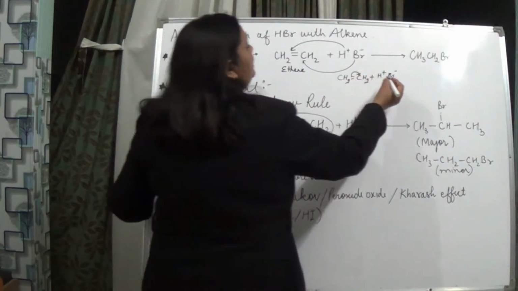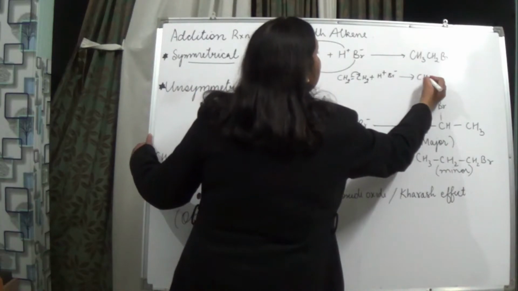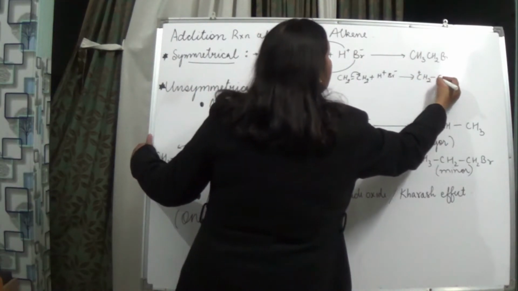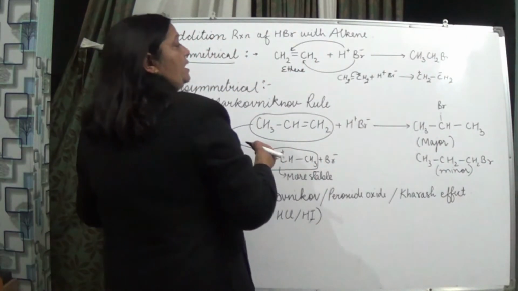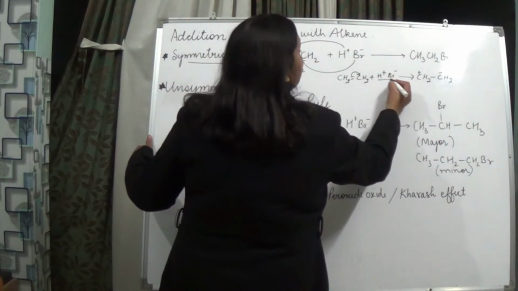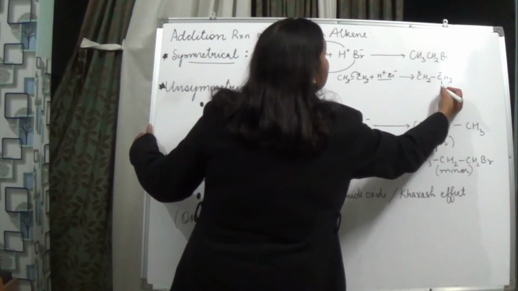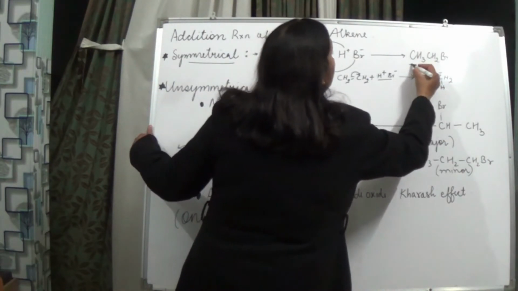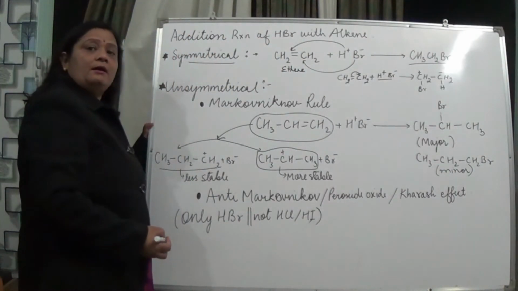Movement of the electrons. One CH2 becomes positively charged and the other CH2 becomes negatively charged. We have H+ and Br-, so H will be attached to one carbon and Br to the other, forming ethyl bromide, a stable compound.